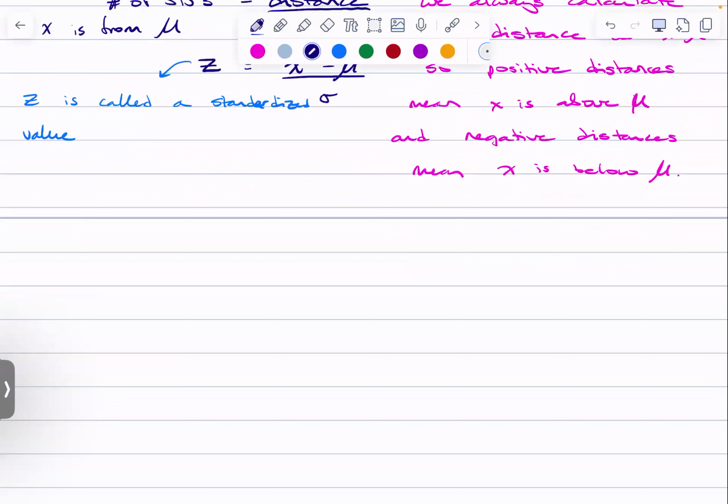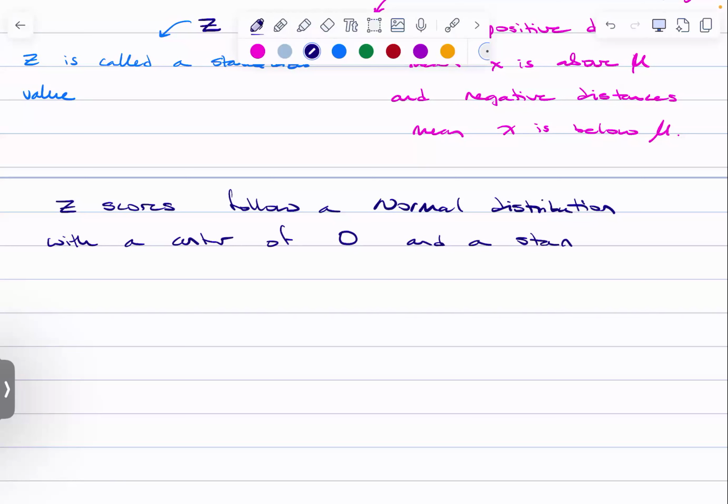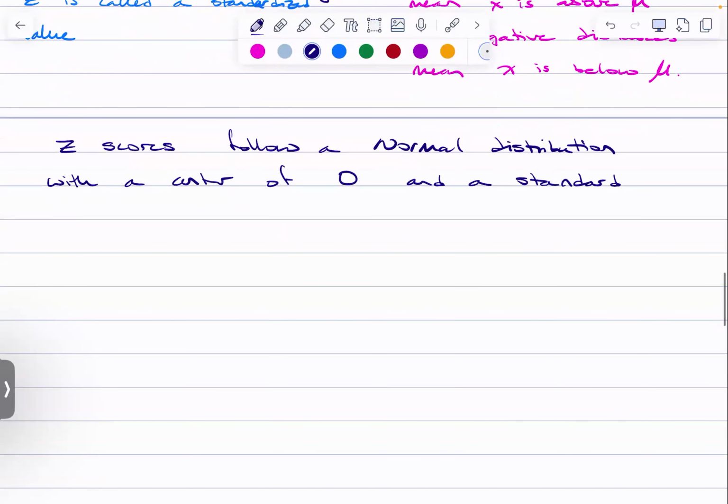So Z, or Z scores, follow a normal distribution with a mean of 0 and a standard deviation of 1.